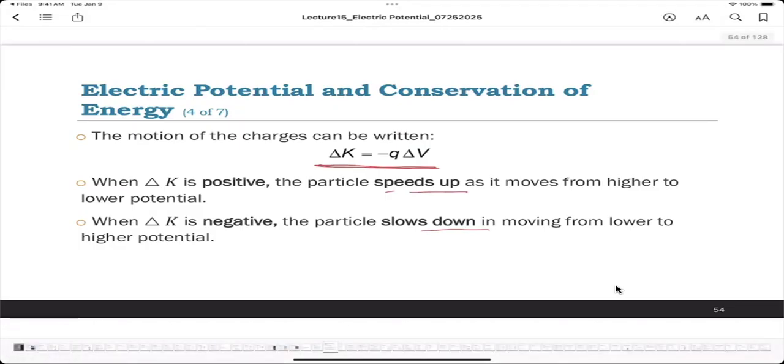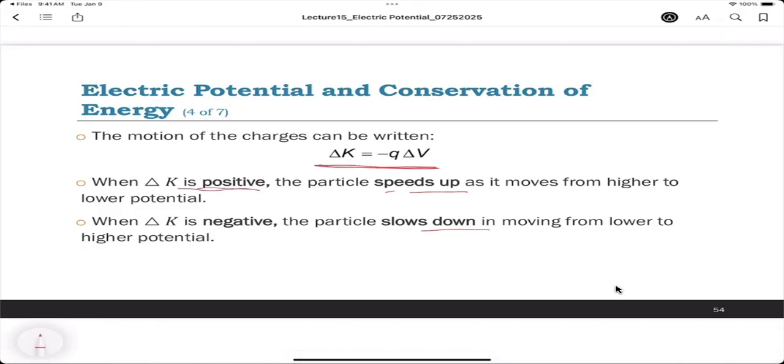If delta K is positive, the final kinetic energy is bigger, which means the final electric potential energy is lower, because of conservation of energy. It's similar when delta K is negative.